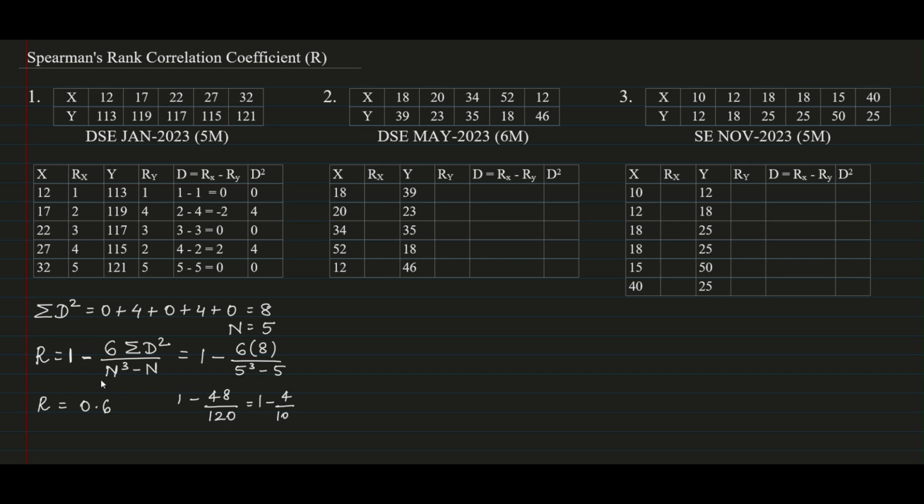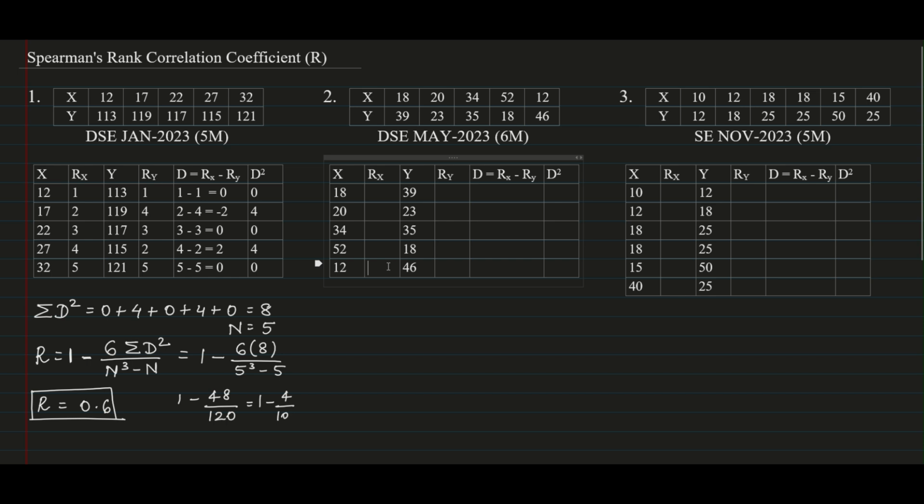Similarly, let's solve the next question. Here also, the first step is the data table having the data points of x and y. Then we'll have to rank the items in x and y. Again, we'll follow the ranking in increasing order.